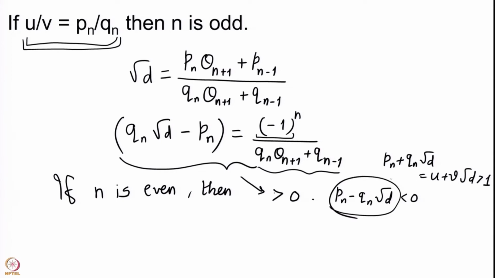So, if u upon v is Pn by Qn for some n, then n has to be odd. So, this is the first condition that we obtain.